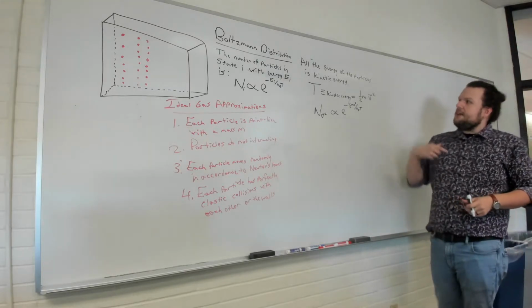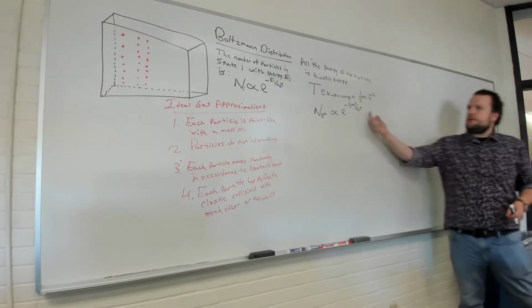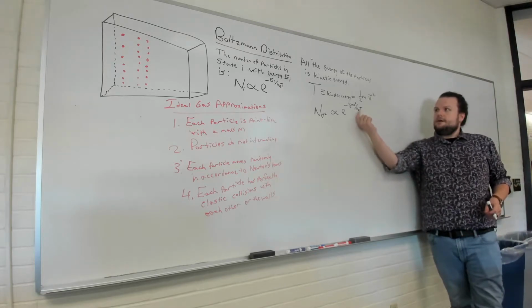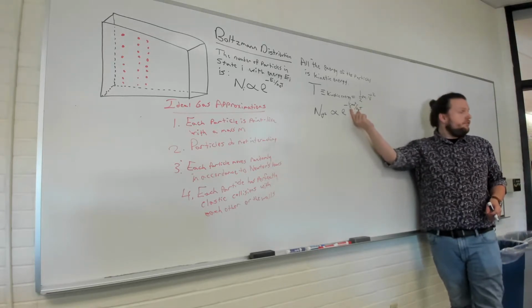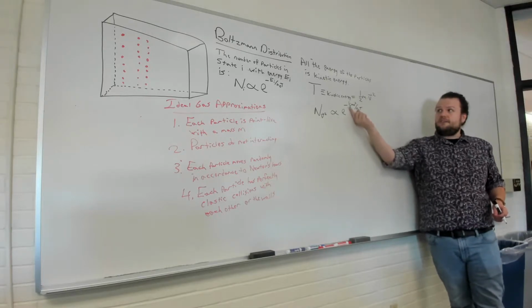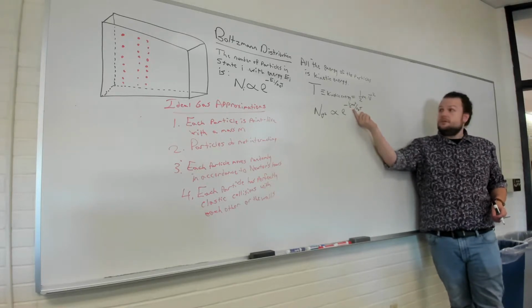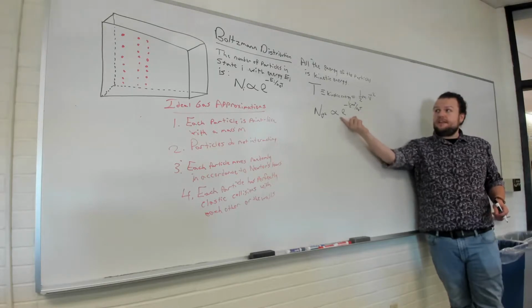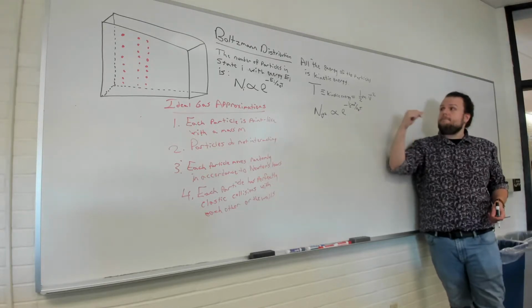So what did that tell us? Well, as temperature goes up, let me think about this. If this fraction gets large, then the number gets small, because it's e to the minus that fraction. If this is much larger than 1, then e to that is much smaller than 1.